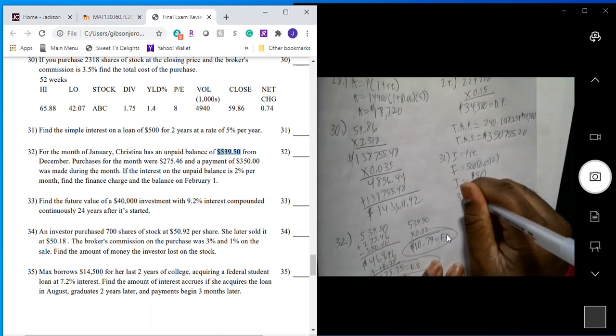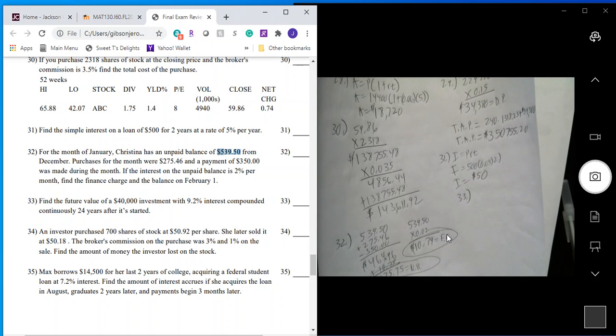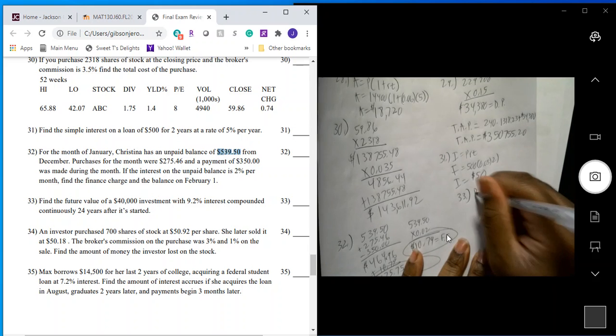All right, problem 33. It says, find the future value of a $40,000 investment with 9.2% interest compounded continuously 24 years after it started. So the compound continuously formula is A equals principal times e to the rt.